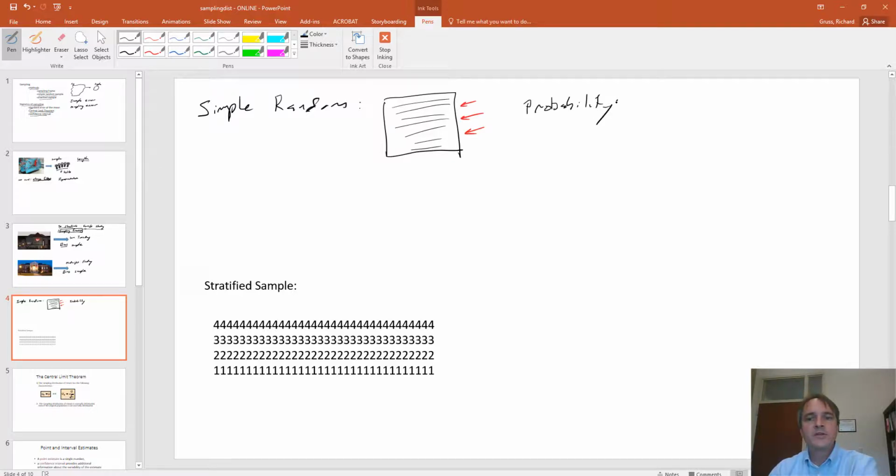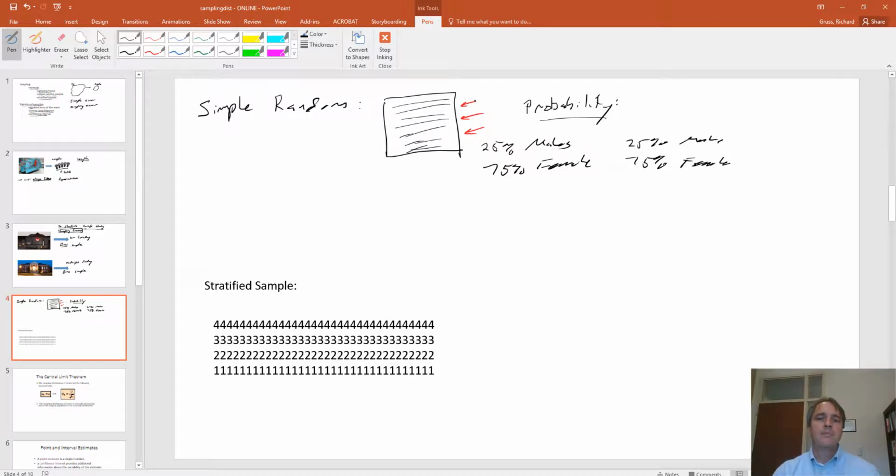Probability sample means that you're going to represent the subjects proportionally to how they occur in the population. So for example, if this sample frame consisted of 25% males and 75% females, if we were to select randomly, our sample, lo and behold, would have 25% males and 75% females. Okay. So that's what we mean by a probability sample.